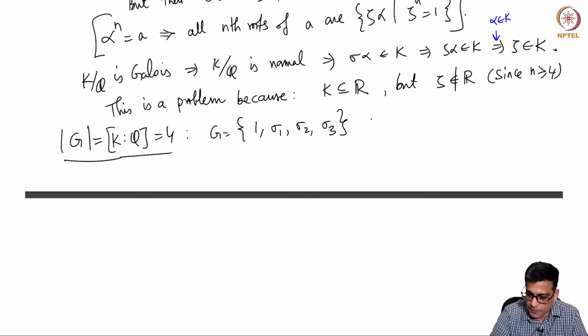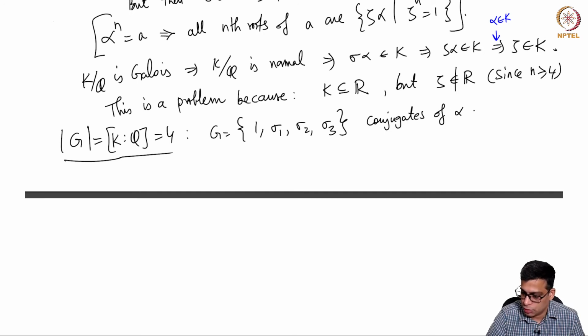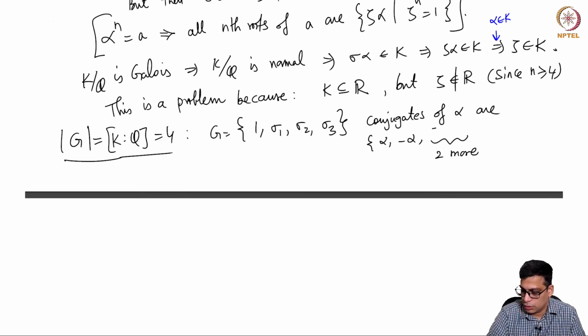So, then the conjugates of our potential radical element are alpha, of course, minus alpha, but there will be 2 more.